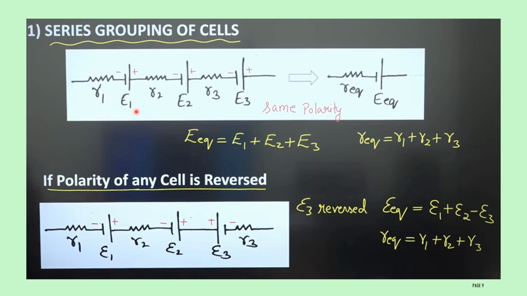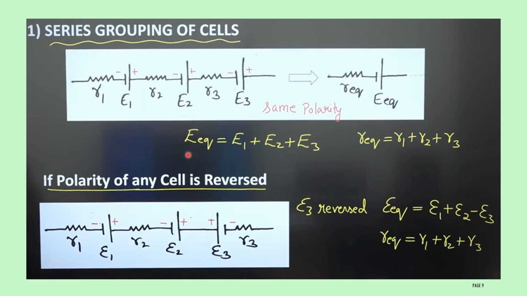And here you have 3 cells producing the EMF, respectively E1, E2, E3 in each cell. Here the equivalent internal resistance is represented by R equivalent, and the equivalent EMF is given by E equivalent, combining all 3 cells. You can observe that each cell has the same polarity.